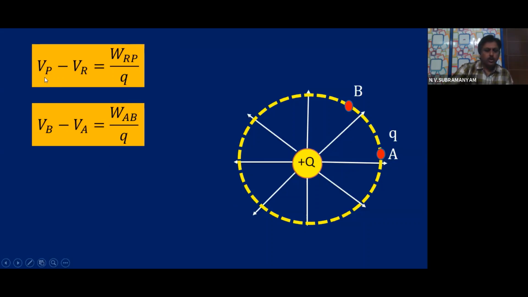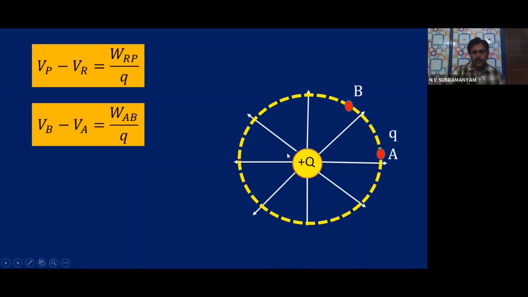So already you know that the potential difference between two points, Vp minus Vr, is equal to the work done to move from R to P divided by charge Q. So the charge Q is moved from R to P. You studied that in an earlier class. Use that here.